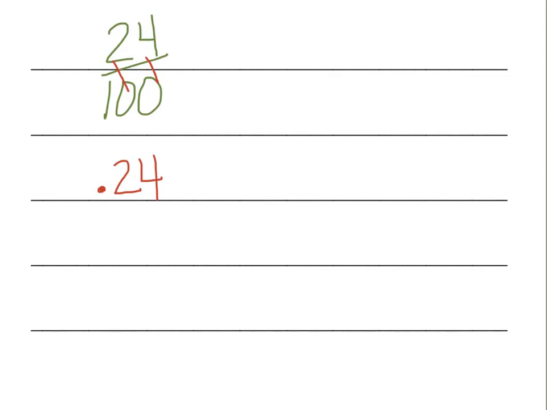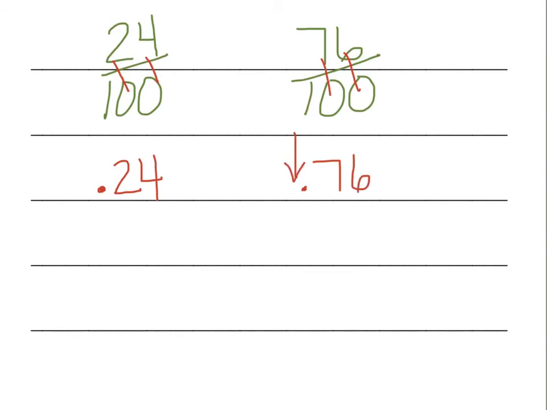And if I had 76 hundredths, same thing: my 7 and my 6 replace those 2 zeros, and the 1 comes down as the decimal. So that's 76 hundredths. If I have 7 tenths, it's the same thing. My 1 is my decimal, the 7 covers that one, and it is 7 tenths.